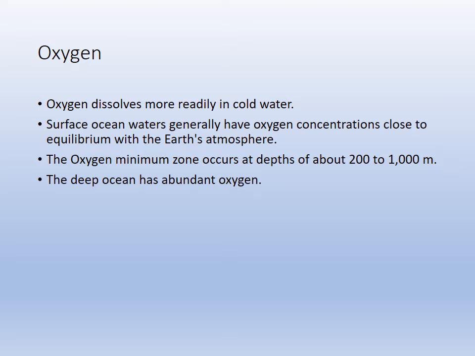It has an oxygen minimum zone. And then deep ocean has plenty of oxygen because it's cold water. It's nutrient rich from the surface. It sinks. Arctic water sinks a lot of oxygen, but it's trapped in that deep layer.